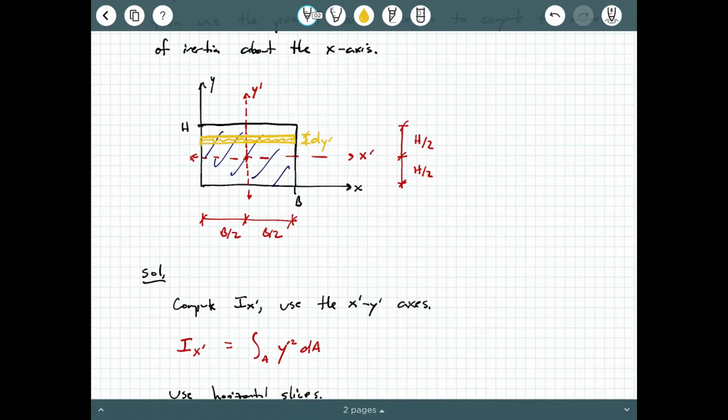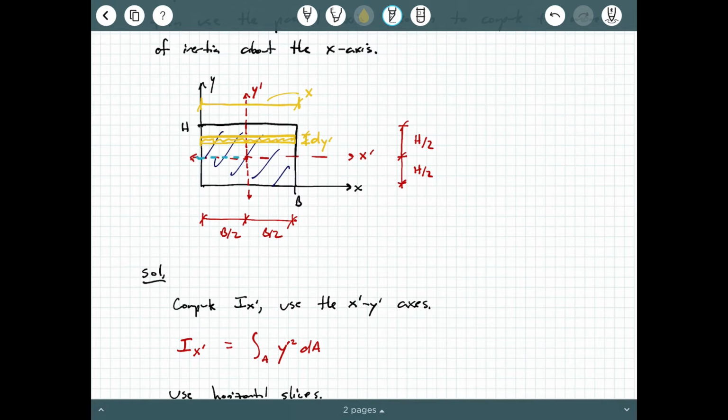And then I'm going to have a total width of x, which really is a total width of b, but it's going to end up going from negative b over 2 to positive b over 2.